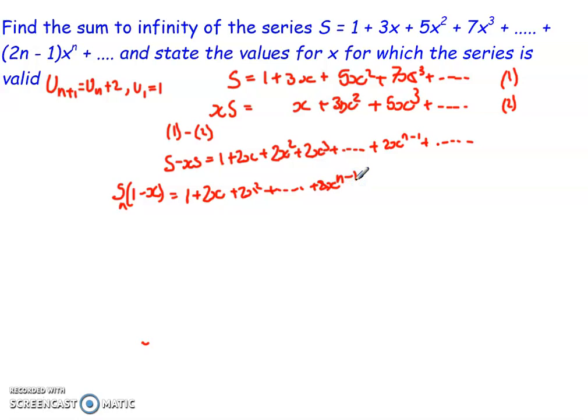Now each of these terms has 2x to a power, which is great because that's almost a geometric series. The issue though comes in with that 1.